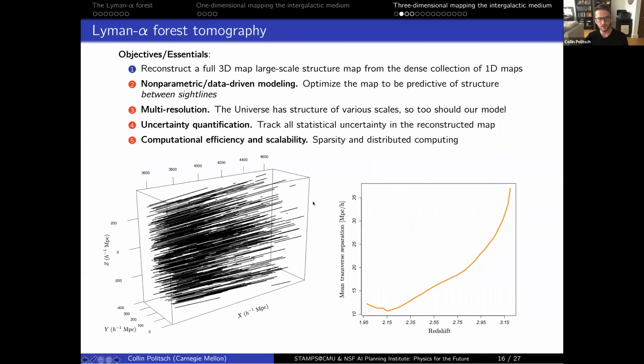But also quasars are getting fainter from our perspective and more difficult to observe. And so the average transverse line of sight separation of these one-dimensional maps is getting much, much coarser. And so the best we can possibly hope to do with a three-dimensional large-scale structure map is to map the structure at or above the transverse line of sight separation.